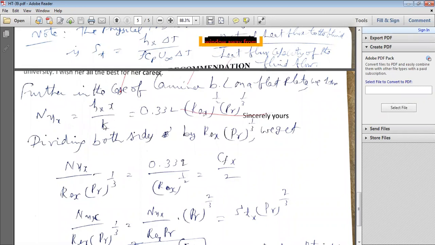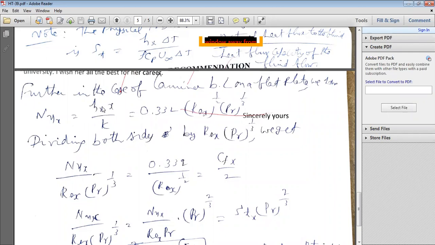But how do you calculate it? Nu_x is equal to 0.332 Re_x to the power 1 by 2 into Prandtl number to the power 1 by 3. So the local Nusselt number Nu_x is equal to h_x x by k, at any given value of x.